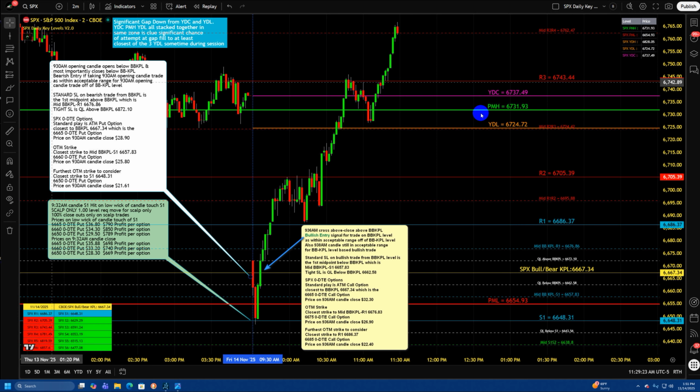Even though it's not a guarantee that we're going to have a gap fill, the odds are a lot better for a gap fill when you see something like this, where you'll have yesterday's daily close as well as the pre-market high and yesterday's daily low all compressed together, stacked one on top of each other.